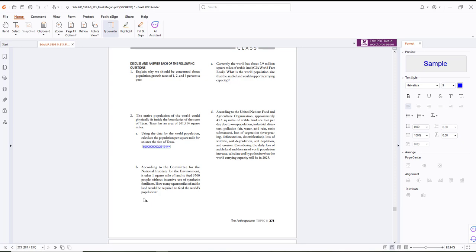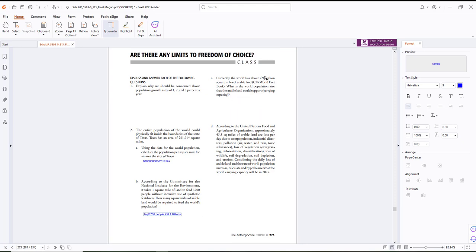Okay, so think about how to calculate that. So 1 square mile feeds 3,700 people. So you multiply that by how many people are on Earth, I don't remember what the exact number is, billion people. So calculate that, and then that will give us how many square miles of arable land we need.